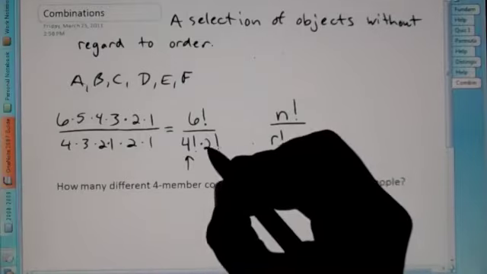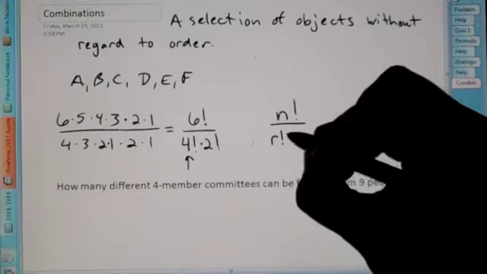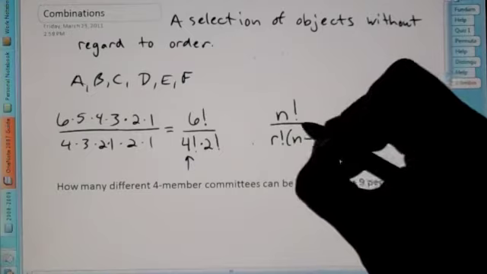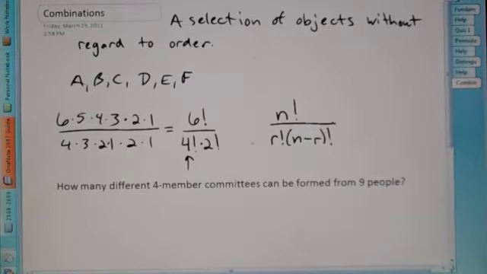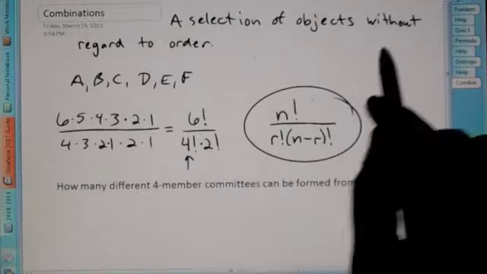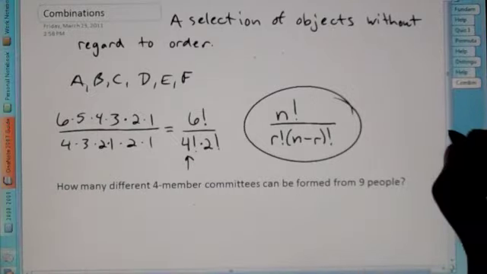And 2 compared to 4: 6 minus 4 is 2, so we have n minus r factorial. This is what we're going to be using to solve the rest of these. Maybe that was quite confusing as we did this, but it'll probably make more sense as we work through the next problem.